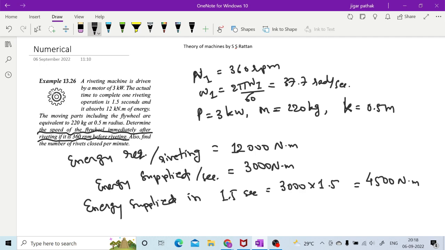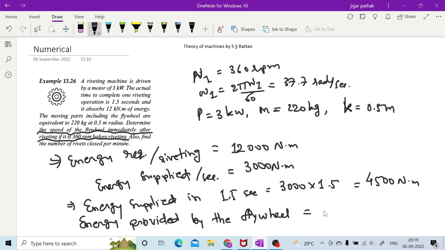The energy required for riveting is 12,000 Newton meter, and whatever energy is provided is 4,500 only. So the energy supplied by the flywheel is equal to 12,000 minus 4,500, which is nothing but 7,500 Newton meter, right?